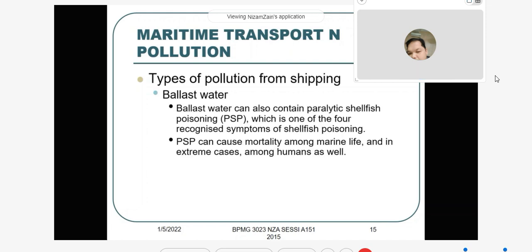So the other thing other than HAB, algae bloom, ballast water also consists of paralytic shellfish poisoning, PSP, right? Paralytic shellfish poisoning, which is one of the 4 recognized symptoms of shellfish poisoning. Like when you eat kerang, or kepah, and in the north they call it mentarang, which is better than kepah or oyster.